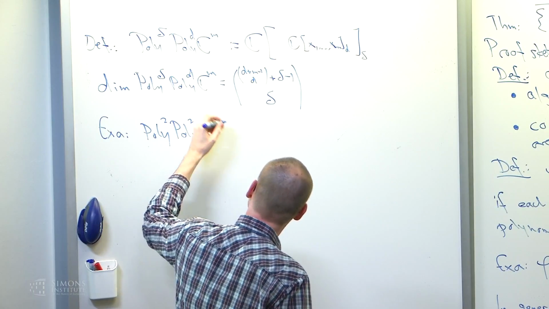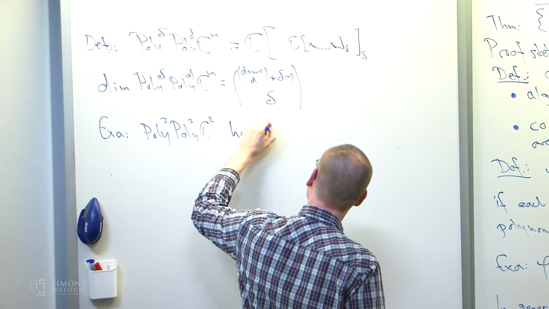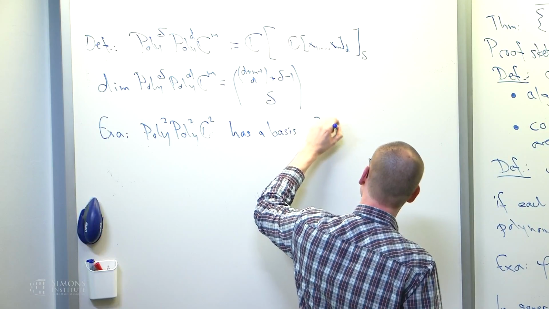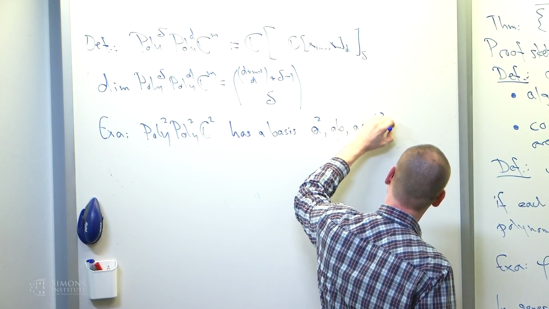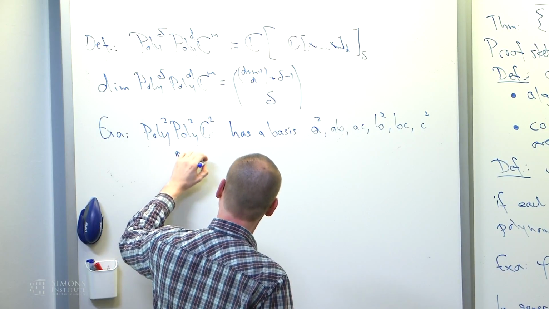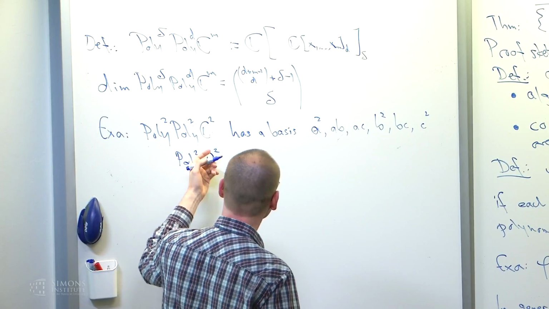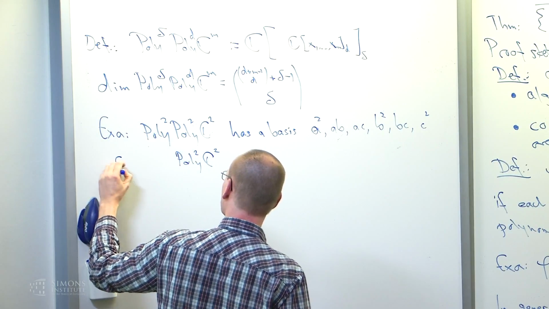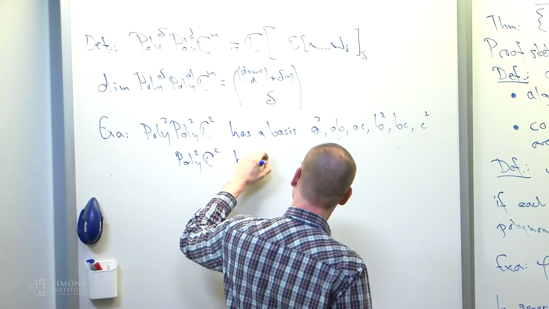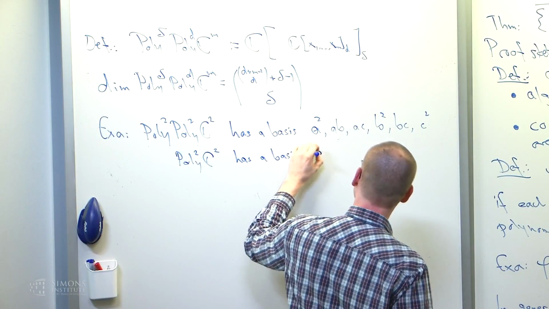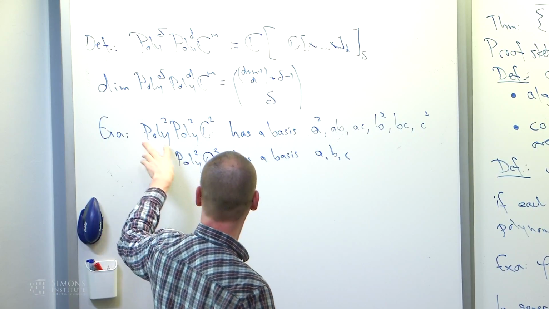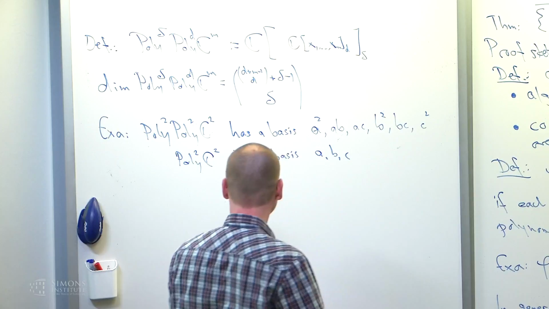This has a basis, and the basis is given by a squared, ab, ac, b squared, bc, and c squared. So here, in the polynomials of homogeneous degree 2 in a, b, c, you take polynomials on the set.